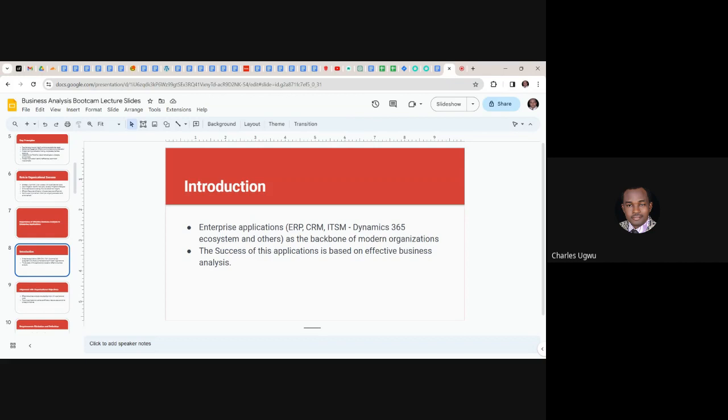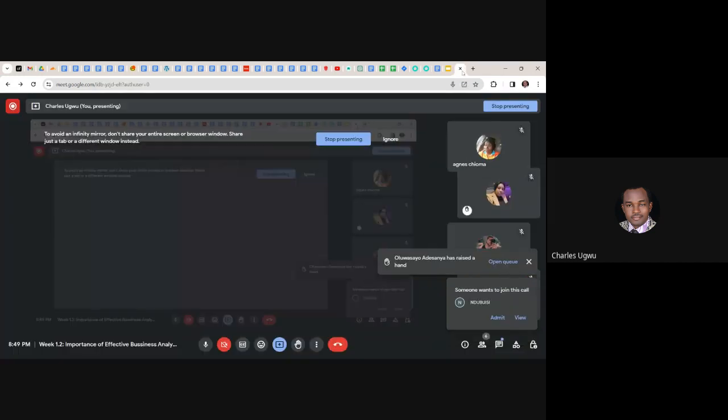Most of the time they do it manually and it takes a lot of time. But when you integrate the HR system with the ITSM system, they start communicating effectively and reduce the manual input.